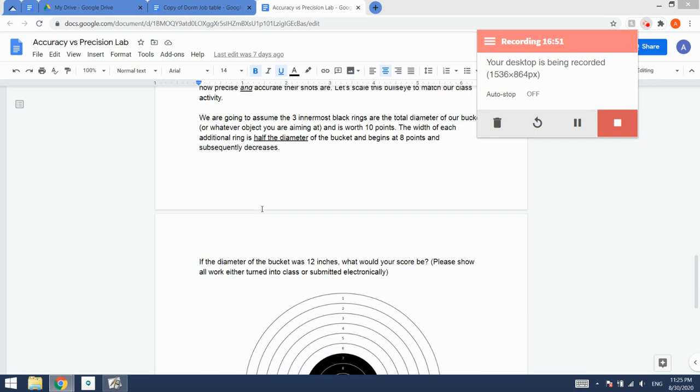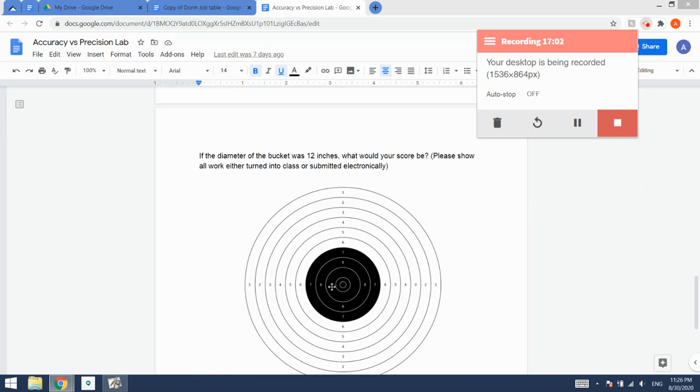So what we did, and this is where your labs are going to differ slightly, but not too much, is we're going to say that these 3 innermost rings are going to be the diameter of the bucket. And then each additional space is going to be half the diameter.